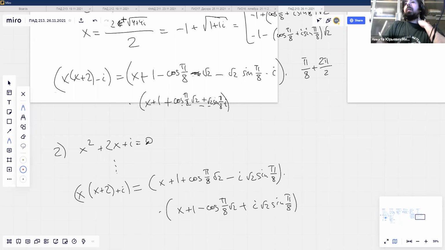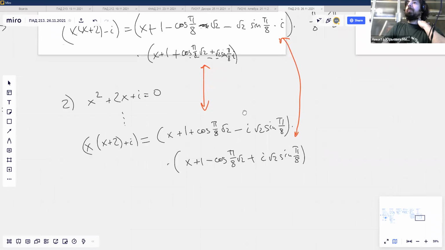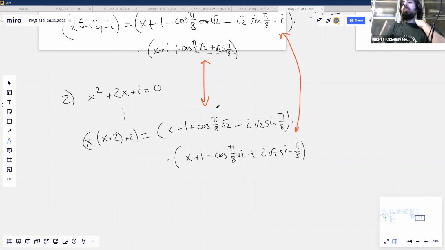And then you are able to pair this with this and this with this. And after you multiply each pair, you get a polynomial with real coefficients.